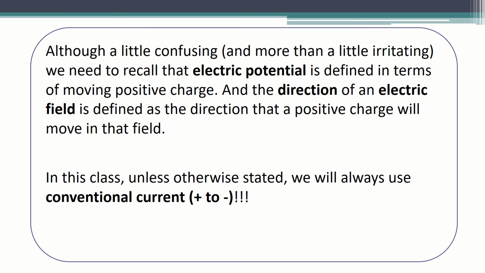So for now, all we need to remember is that whenever you do circuit analysis, you're always going to think of the conventional current, so from positive to negative, okay? Unless there's something stated in the question, you're always going to treat it as from plus to minus. Like I mentioned, if you take chemistry, you will learn about redox equations, and you learn how batteries work and so on. So you're going to be talking about the same thing. You're going to be talking about electron flow versus the current flow.